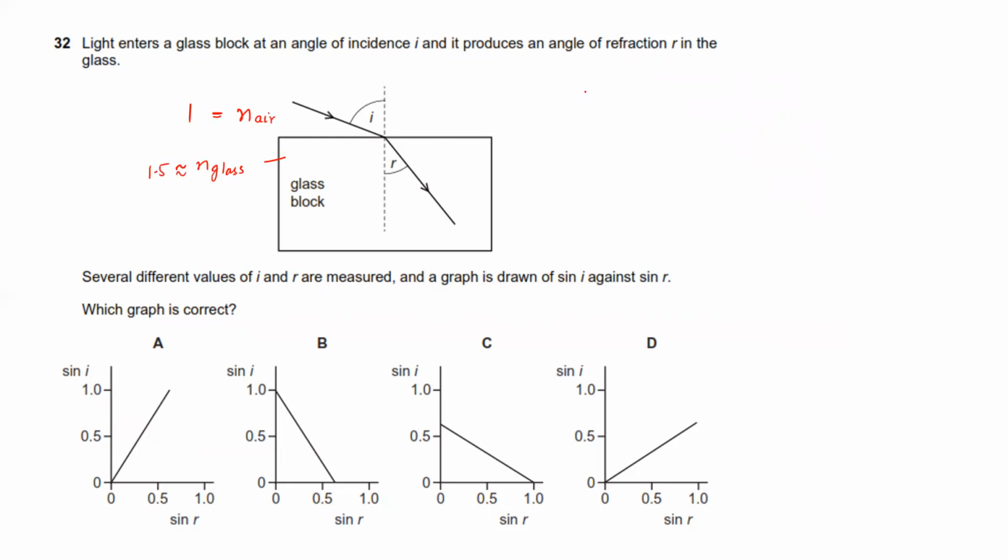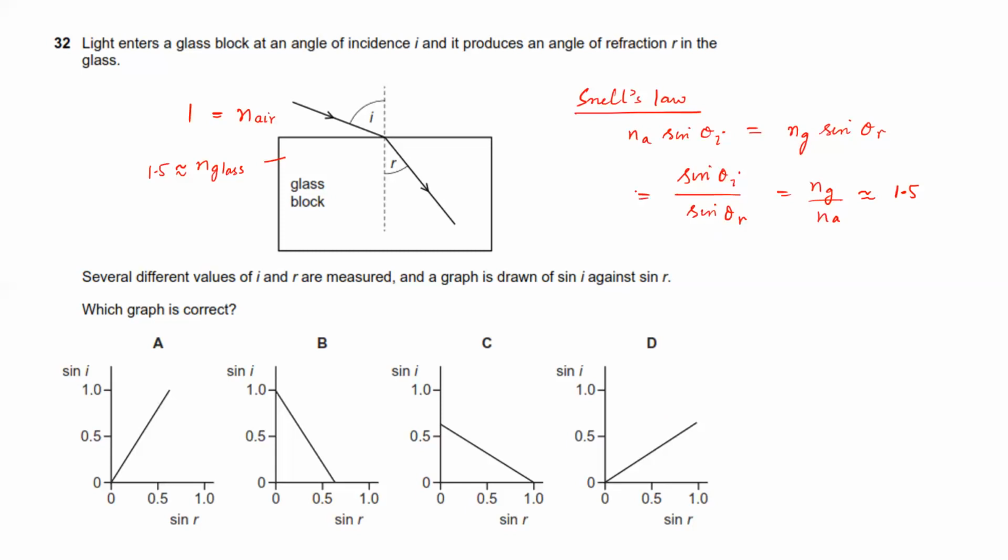According to Snell's law, Na sine of theta I is equal to Ng sine of theta R. So sine of theta I over sine of theta R is equal to Ng over Na, which is approximately 1.5.